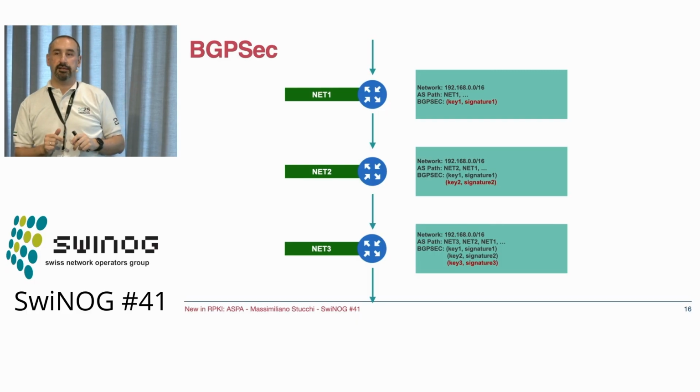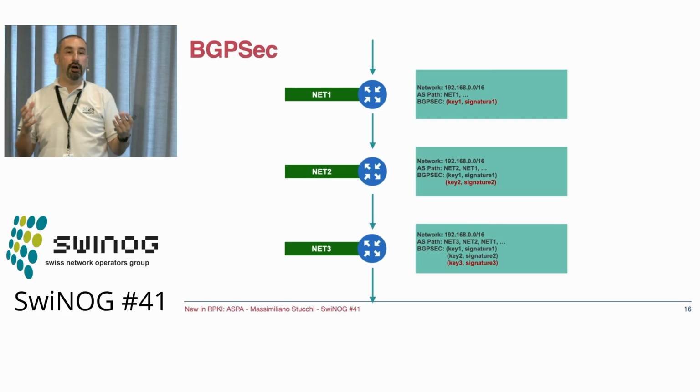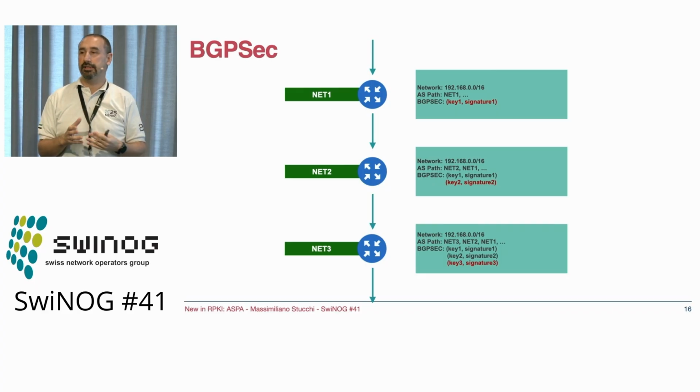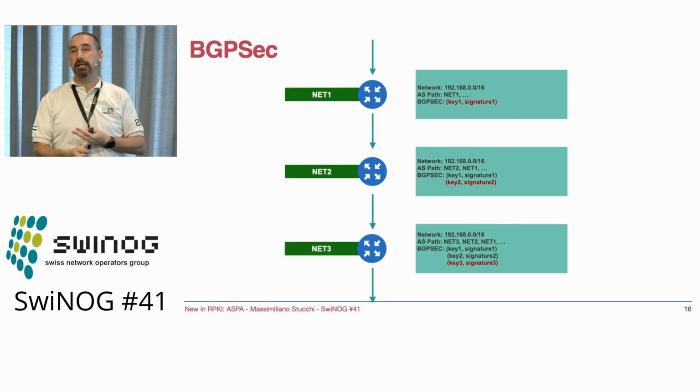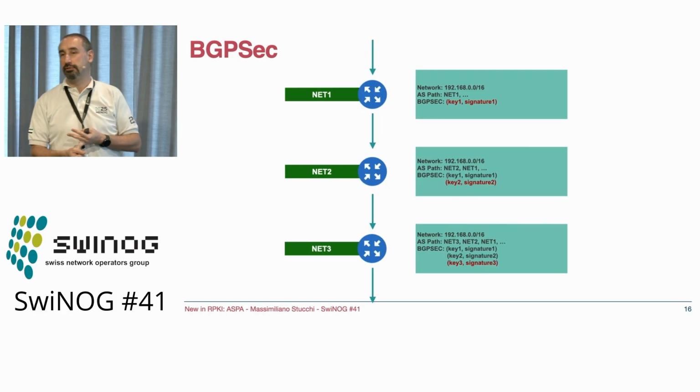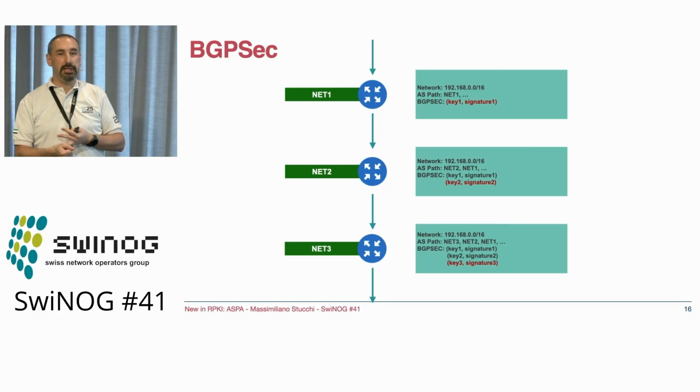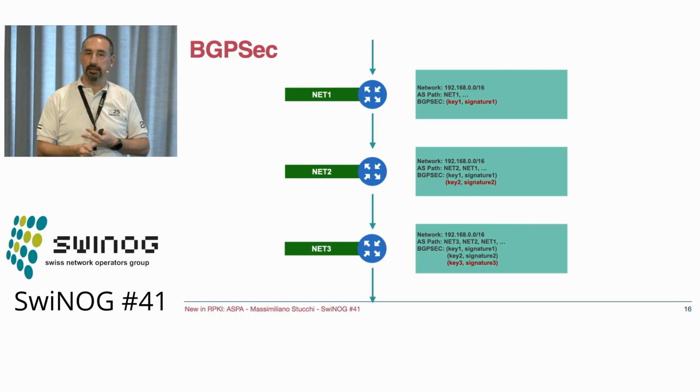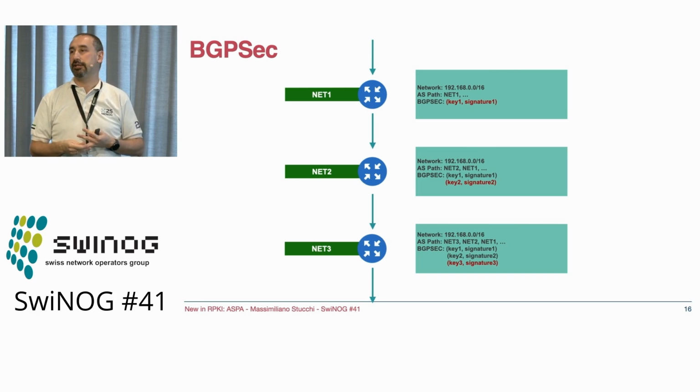So on an average day, where the average AS path on the internet is 7 ASNs long, for about 1 million routes in the full routing table, I would have to do roughly 7 million verifications of the chain of trust, where each one of them requires downloading a key and performing cryptographic evaluations.